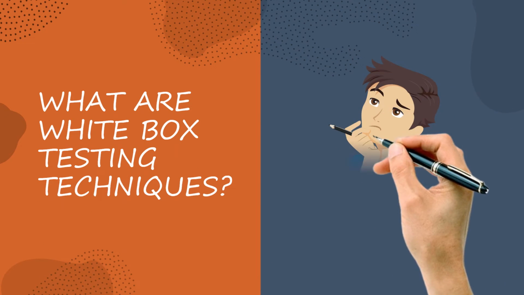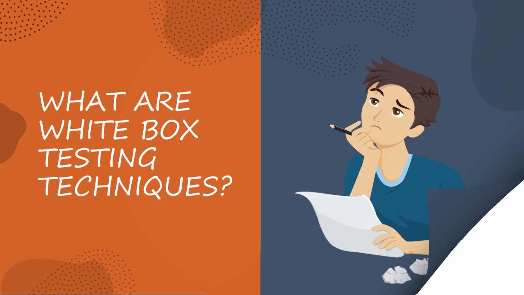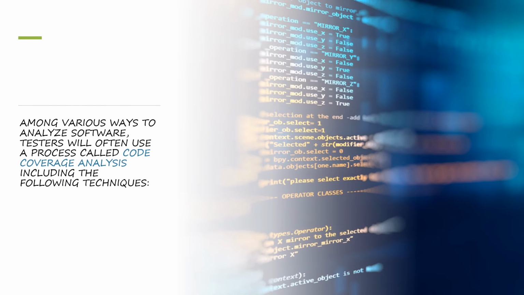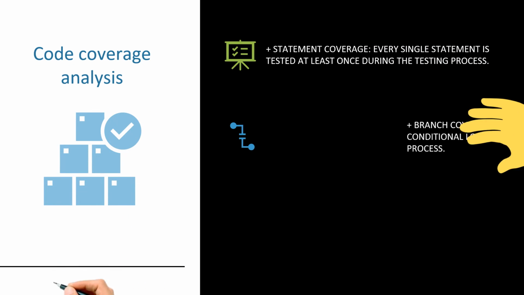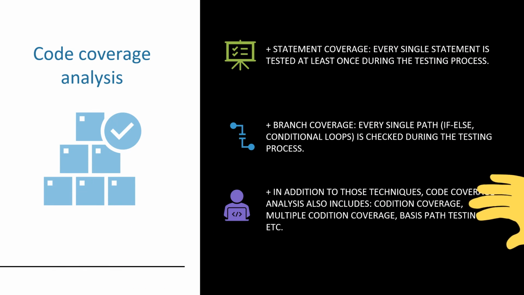So what are whitebox techniques? Among various ways to analyze the software, testers will often use a process called code coverage analysis, including the following techniques. Statement coverage. Every single statement is tested at least once during the testing process. Branch coverage.